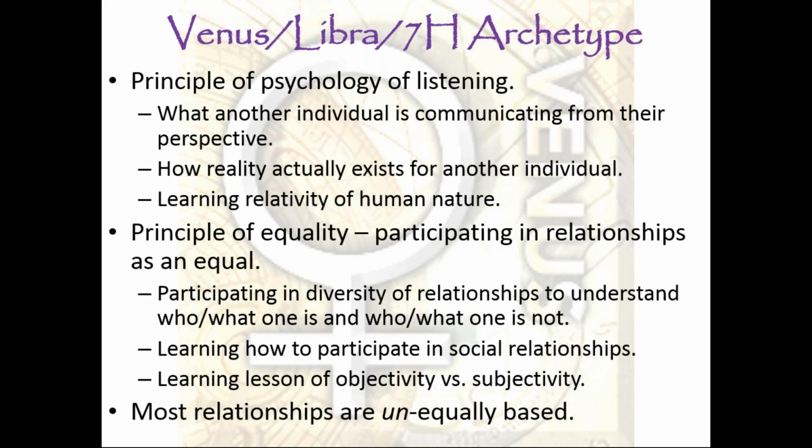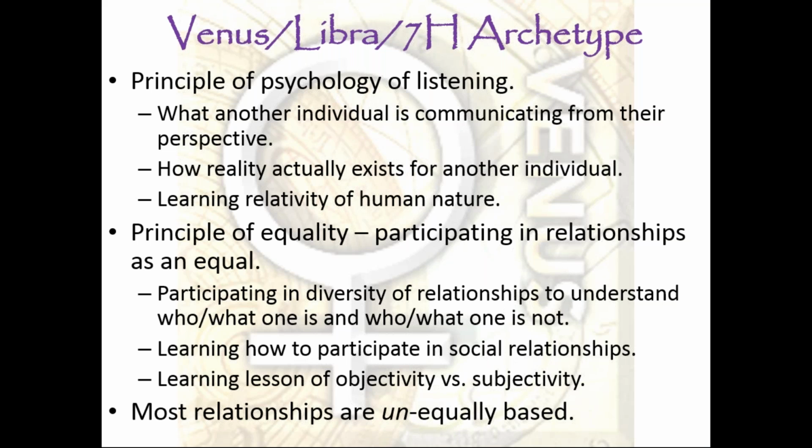Relativity. So it teaches us how to participate in social relationships, depending upon the person or the group we're with, what is okay, what is not okay, some of those standards of right, wrong conduct coming from the Virgo 6th house archetype that came before. You also, again, learning that lesson of objectivity versus subjectivity.